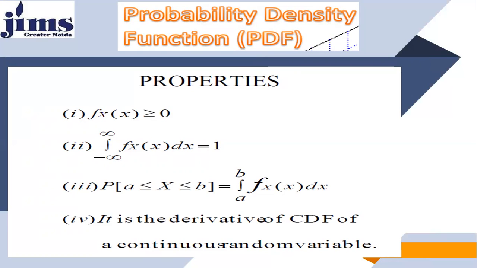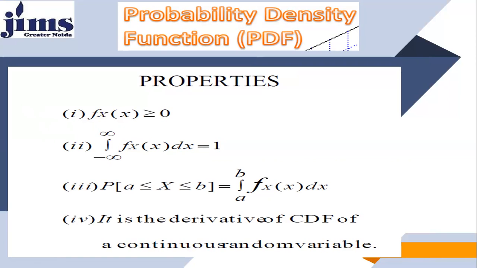Second, if you integrate your probability density function f(x) with the limit, then you always get 1, and 1 is 100% certain. It is a certainty. It is a 100% guarantee. So if you integrate the whole area, then ultimately you get 1, because 1 gives you the surety that the particular random variable exists, because a random variable always exists in a particular range.